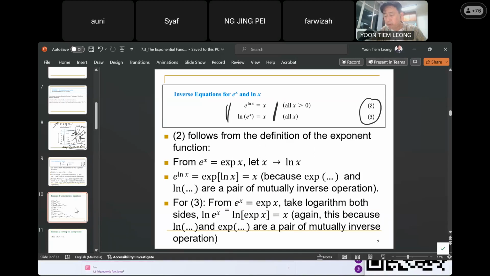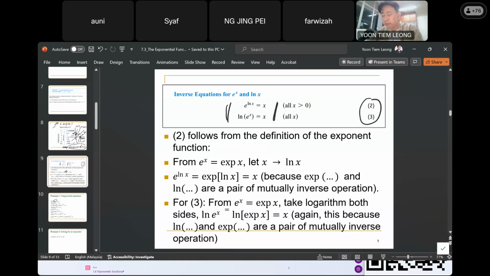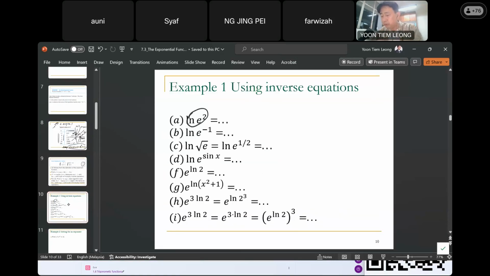Okay, if you have no questions, then these are a few examples about the exponential function. Here, what is ln of e to the power of 2? If you refer to this very simple relationship, you can answer these questions quite easily.